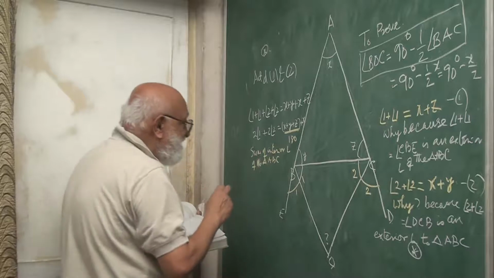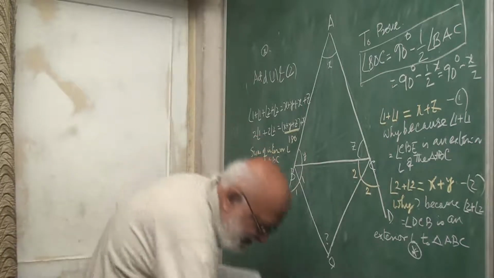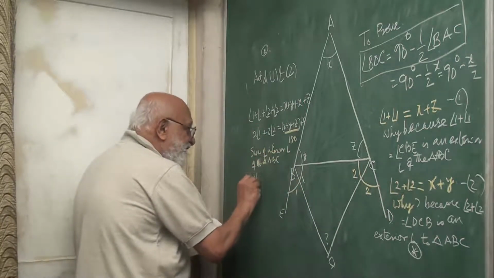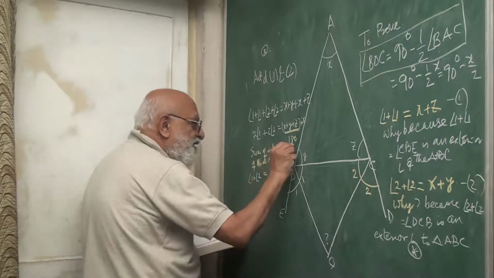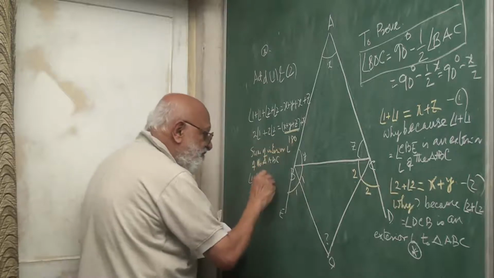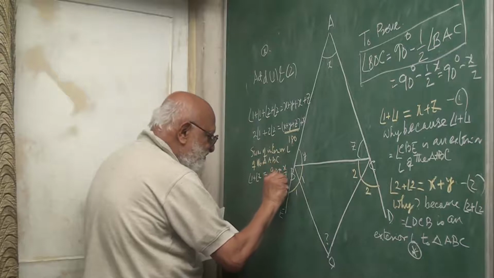Now you can see easily. So I have angle x, and angle 1 plus angle 2 is equal to, this will be divided by 2 because I am dividing it by 2. This will be 90 plus x by 2.